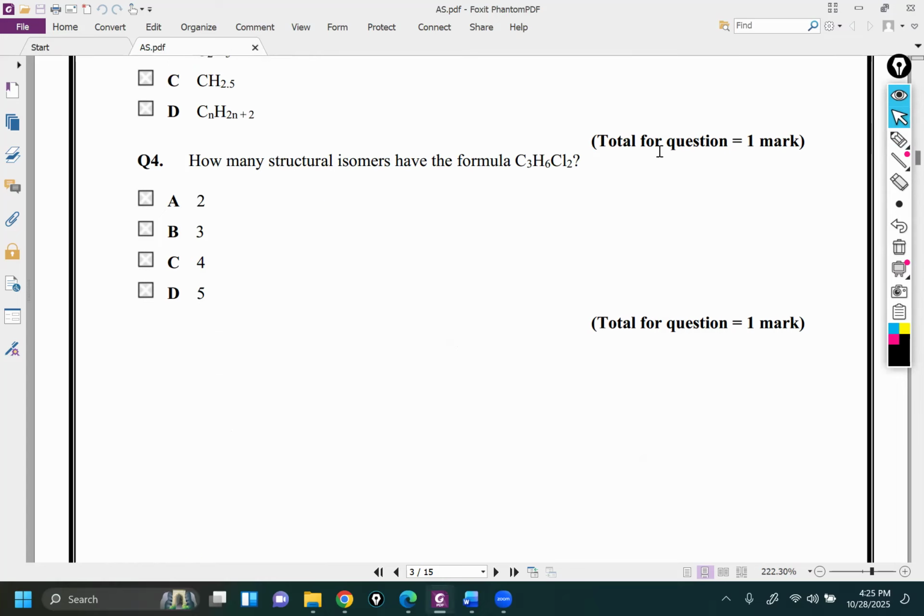Question 4, how many structural isomers have the formula C3H6Cl2? I will suggest that to easily draw the structure and work out the question to reach the correct answer, to save time, you must work it out with the skeletal formula. Now there are two chlorines. So in the first case, if we attach chlorine here and here, one structure.